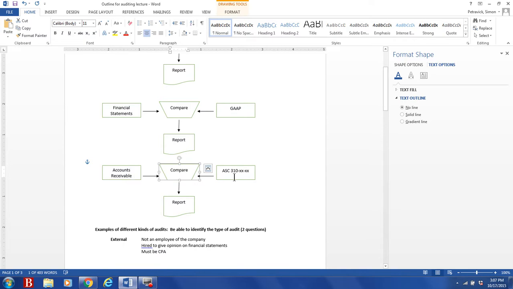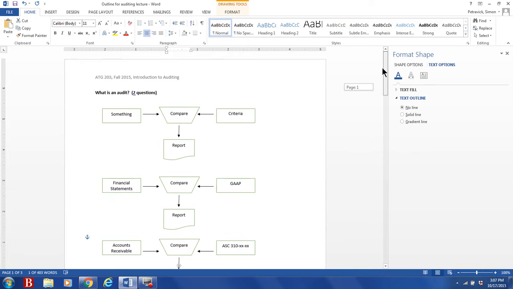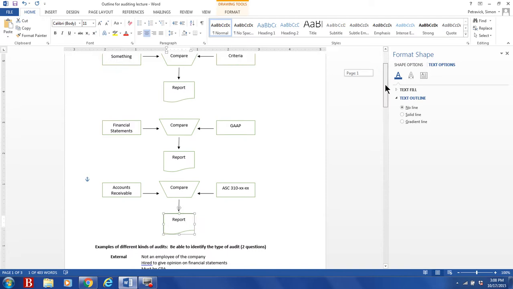If receivables are in compliance with GAAP, that would be indicated in the report. If the receivables were not in compliance with GAAP, the deviation would be noted. So the important thing to remember is that auditors always have to have some type of criteria in order to make an evaluation.